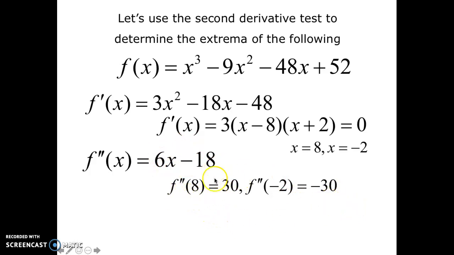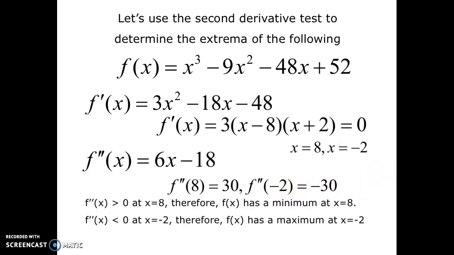If the second derivative is positive at x equals 8, that means the curve is concave up. And if the curve is concave up, the critical point has to occur at the bottom, so that would be a local minimum. When x equals -2, the second derivative was negative, which means the original curve is concave down, which means the critical point is going to be at the maximum point on that concave down region.